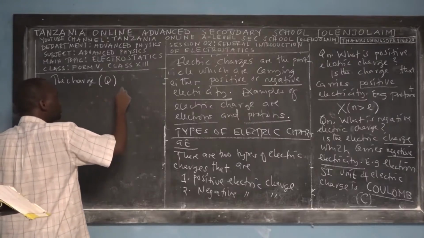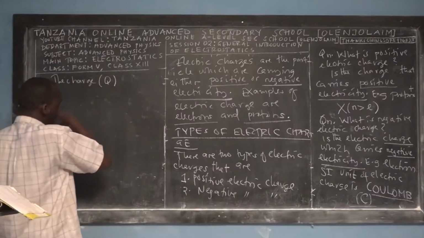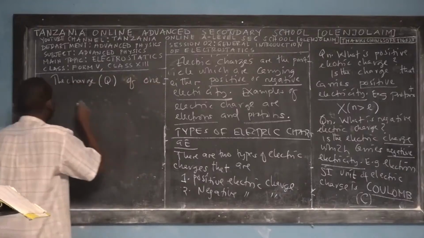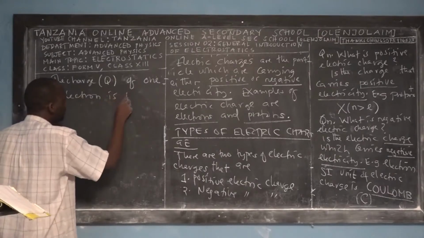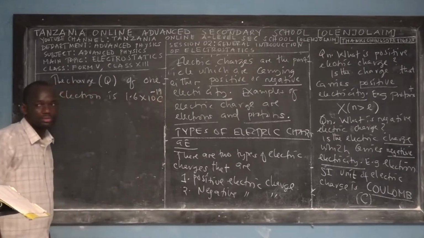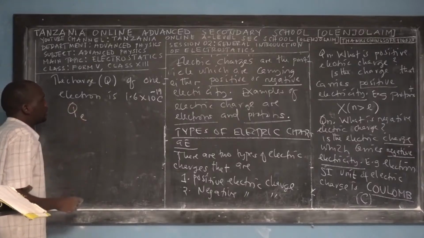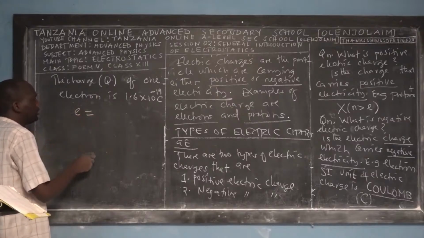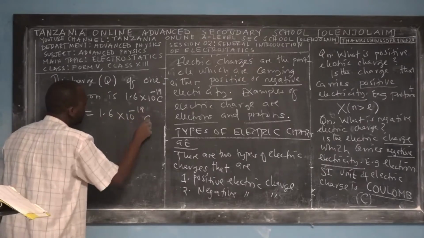The charge Q of one electron is 1.6 exponent negative 19 Coulomb. Even by using a scientific calculator, you can find that the value of e is 1.6 exponent negative 19 Coulomb.